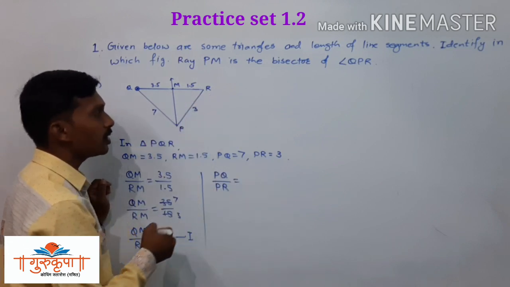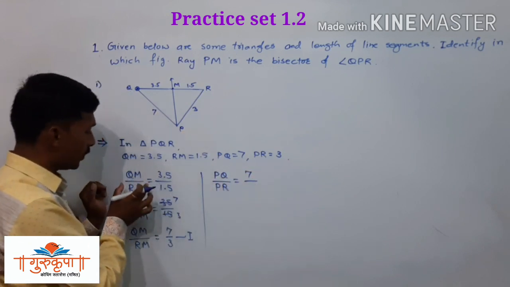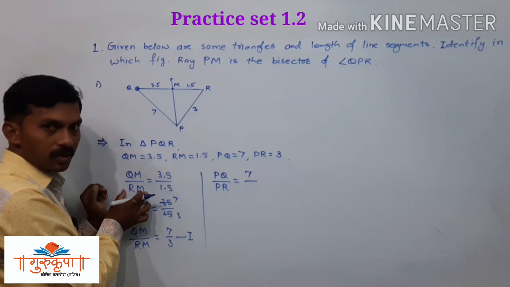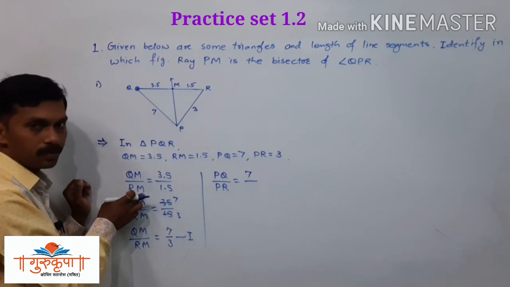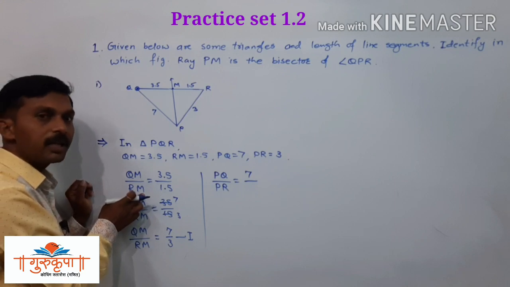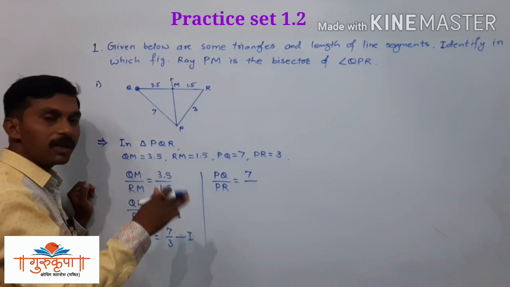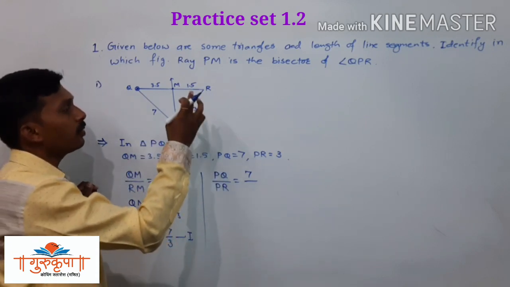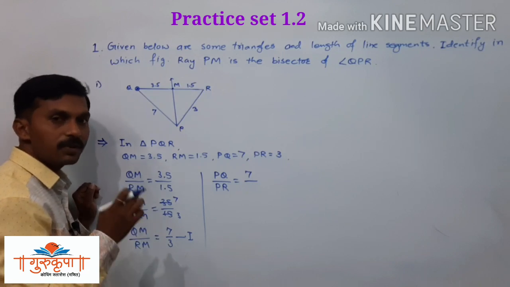Now put the values there. PQ is 7. It is very important how we write the first ratio. Suppose you write the first ratio as RM upon QM. Then while writing the second ratio, you have to write that ratio as PR upon PQ.